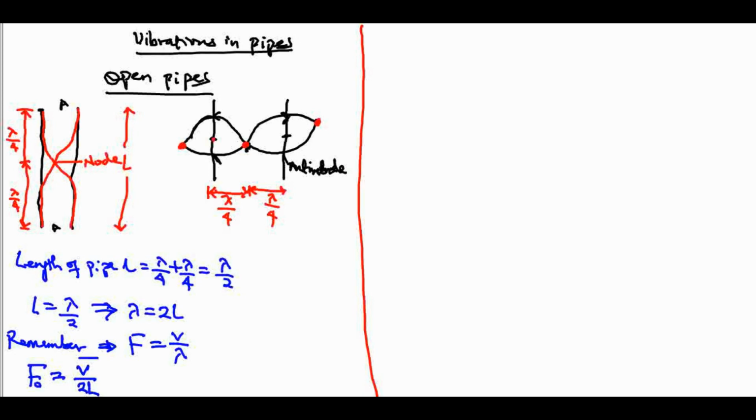V over 2L, and as usual, that stays in a box, and I will also write that down somewhere here, that F0 is equal to V over 2L.